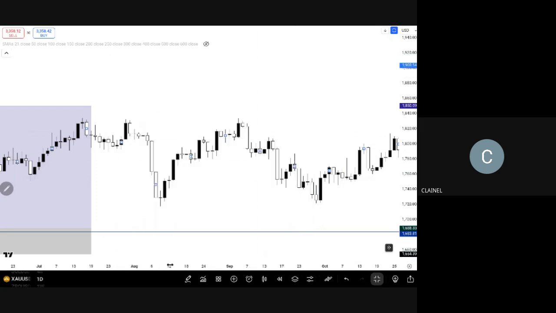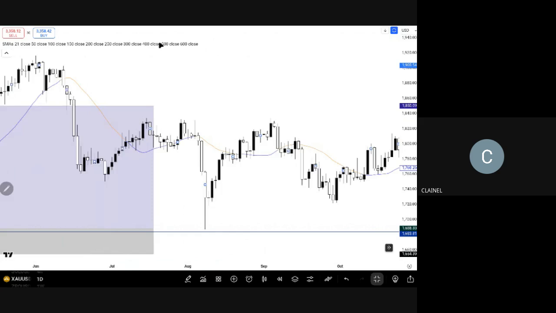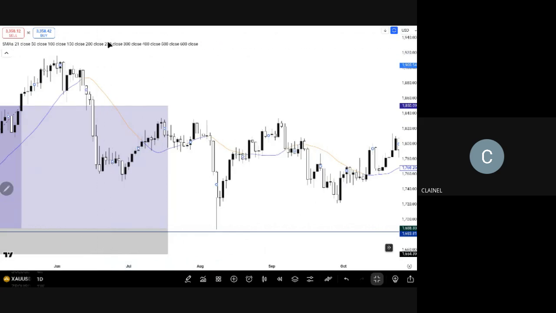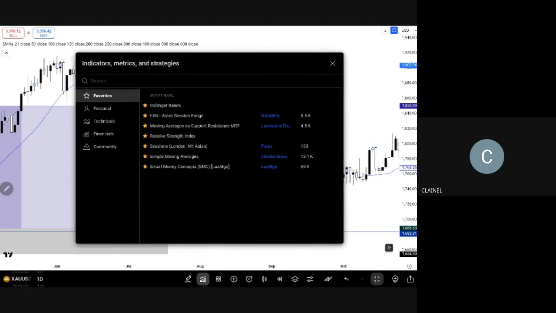We talked about indicators previously. This is an indicator, my moving average. And how can you get it, you may ask. There's an indicator place here where you get to search any indicator you'd want to use. We have the sessions, and I can put any session you want.